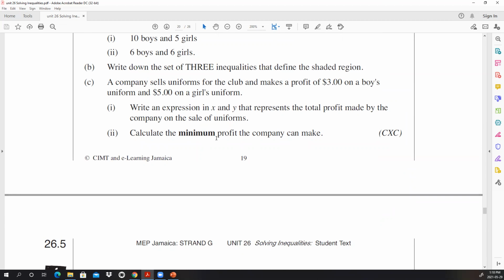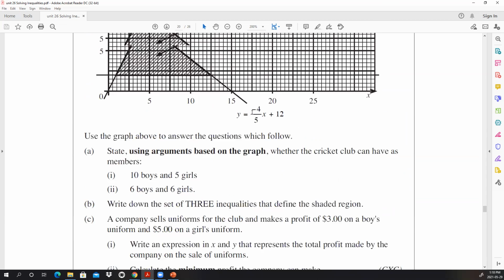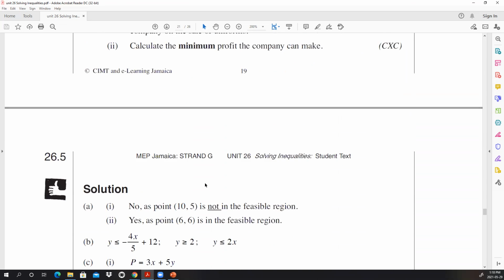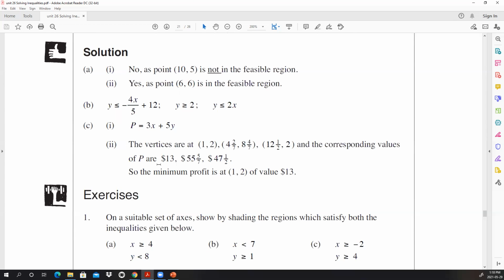In order to determine the minimum, you're going to try the different vertices, because it's at one of these that your function is either minimized or maximized.